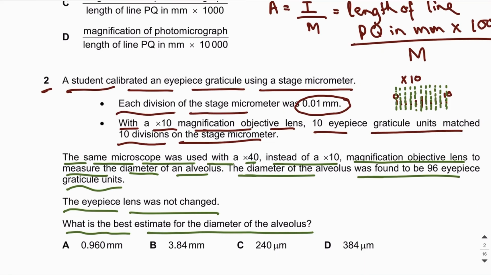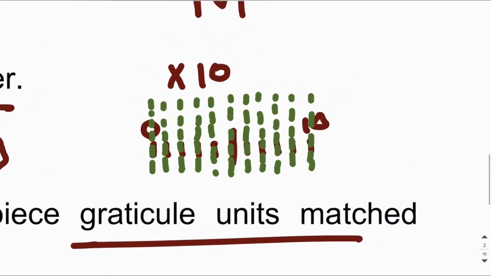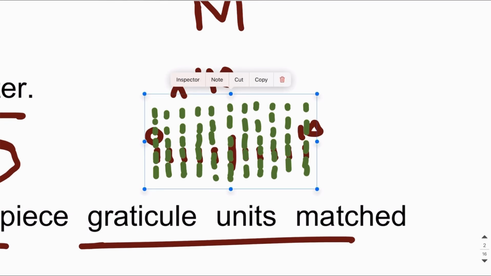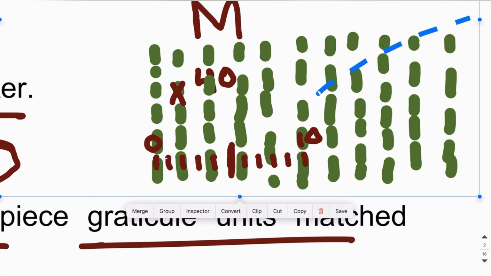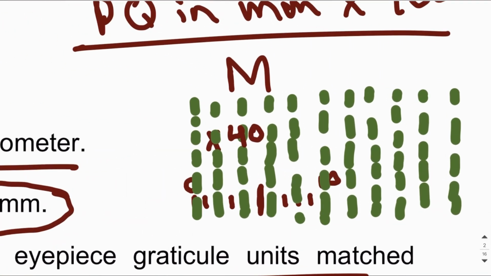Over here they have mentioned that the eyepiece lens was not changed. This means that, for example, if now we are dealing with ×40 magnification, the eyepiece scale would remain the same. However, the stage micrometer will now be magnified 4 times, right? It will be magnified 4 times because the magnification is now ×40, right?